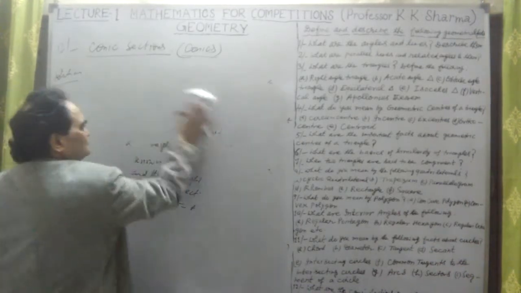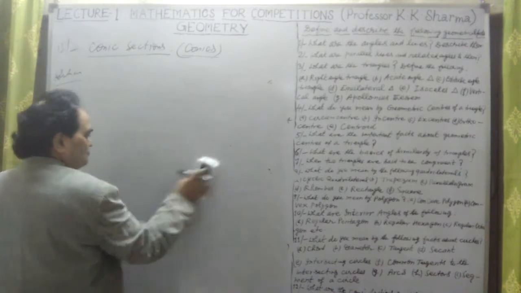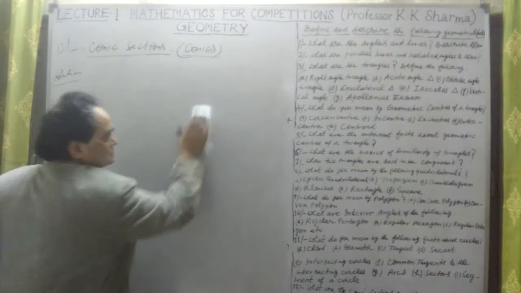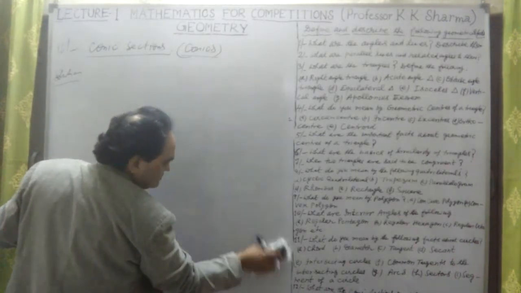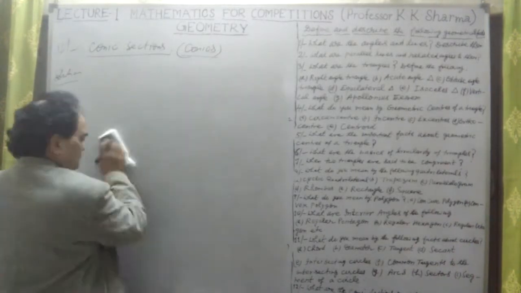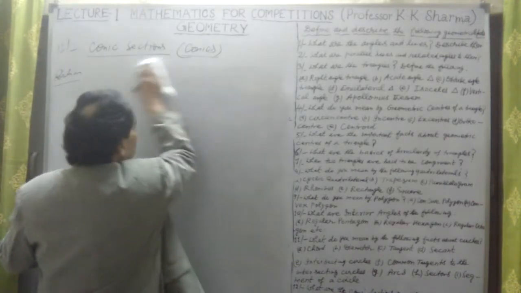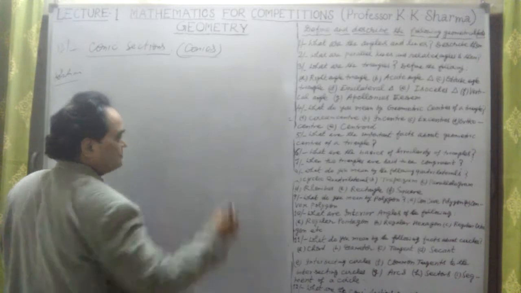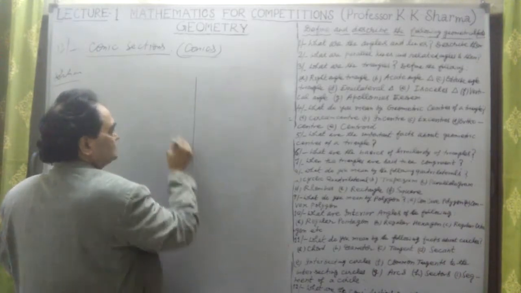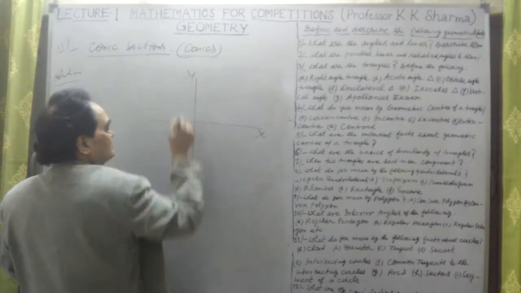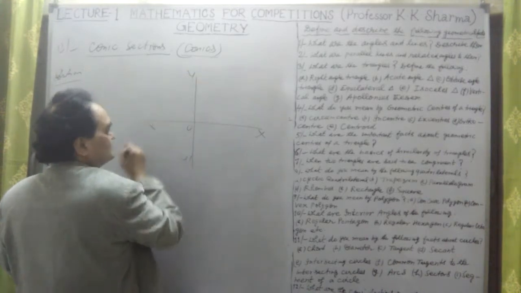There are 4 kinds of parabolas. This is also a topic of coordinate geometry. Suppose there is a coordinate plane, with x-axis, origin, and y-axis.